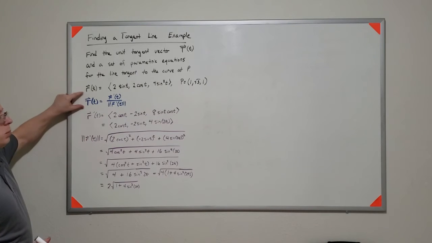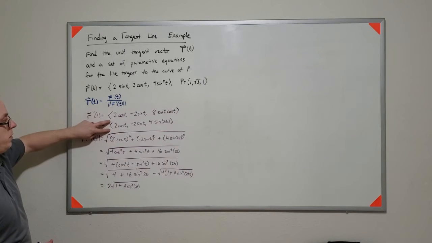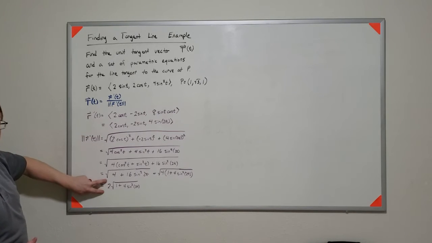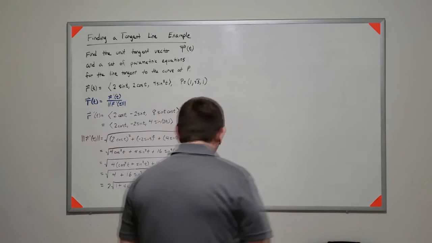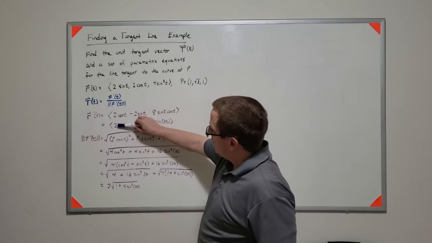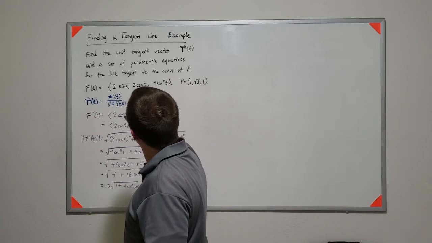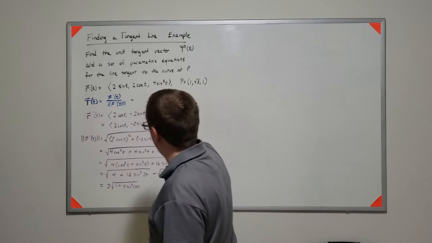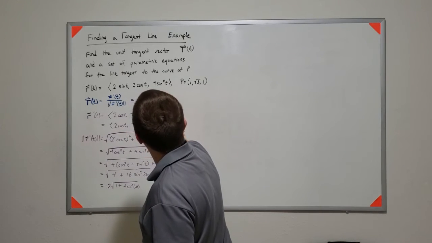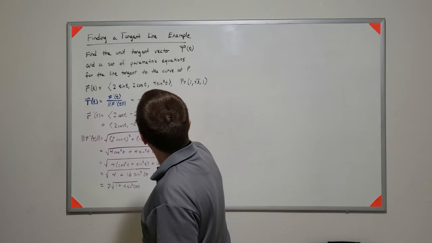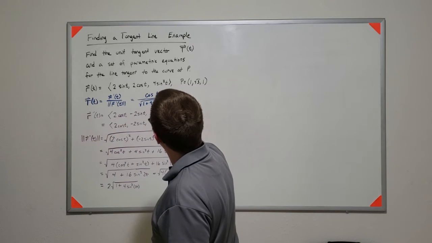But remember, we have to plug it into this equation, so we have to take this vector and divide it by that quantity. If I take this element and divide it by that piece, the 2's cancel, so I end up with cosine of t over the square root of 1 plus 4 sine squared 2t.